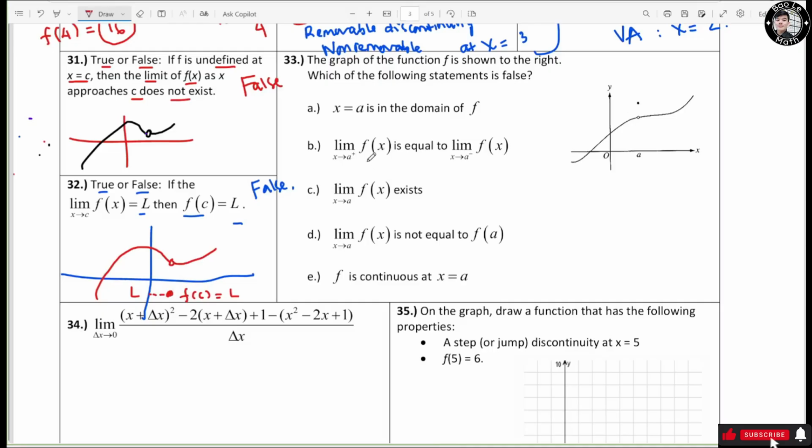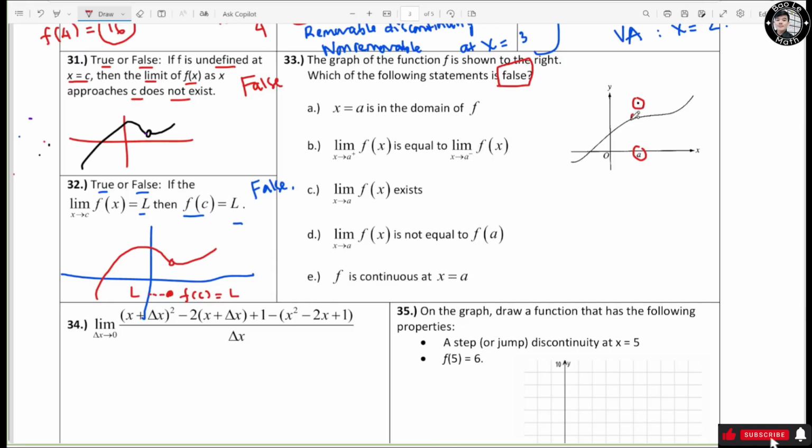Now question 33. The graph of the function f is shown to the right. Which of the following statements is false? Answer choice A. s equals a is in the domain of f. Yes, because the function is defined. Choice B. The limit of f(s) when s approaches a from the right is equal to the limit of f(s) when s approaches a from the left.